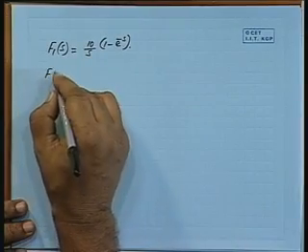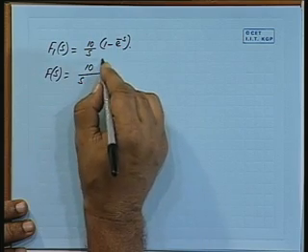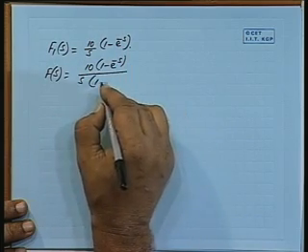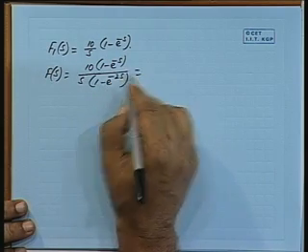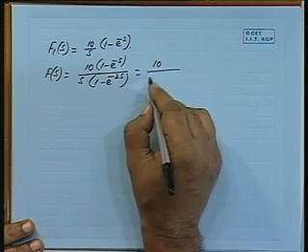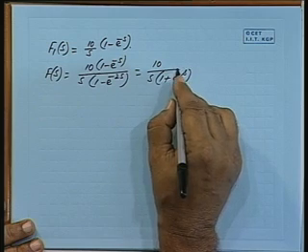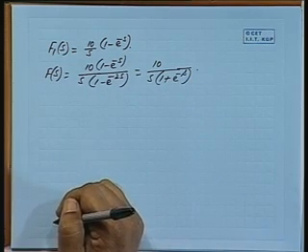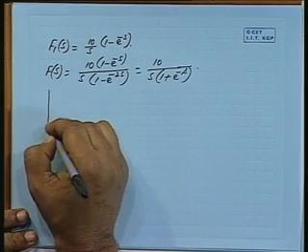Therefore, F(s) will be 10 by s into 1 minus e to the power minus s over 1 minus e to the power minus 2s. Okay, 1 minus e to the power minus s goes out. Is that all right? Let us take another example.